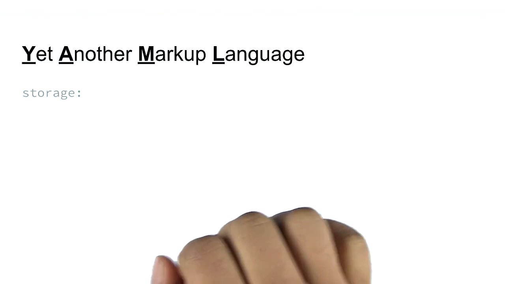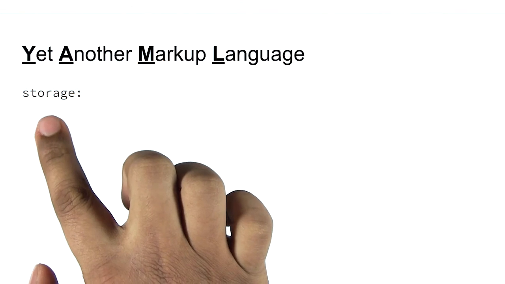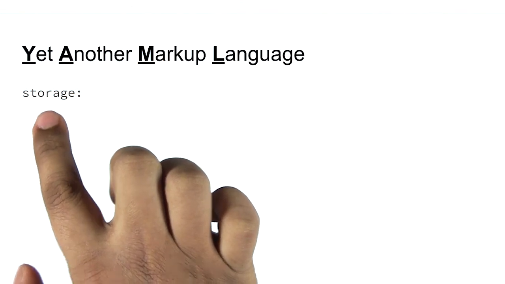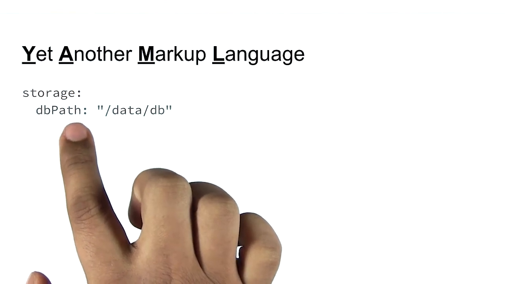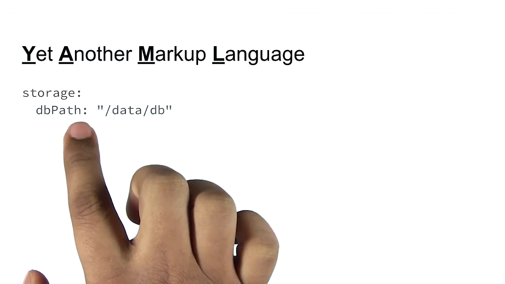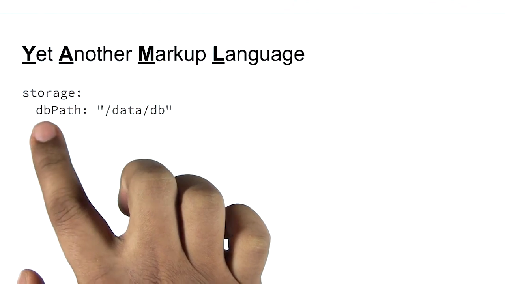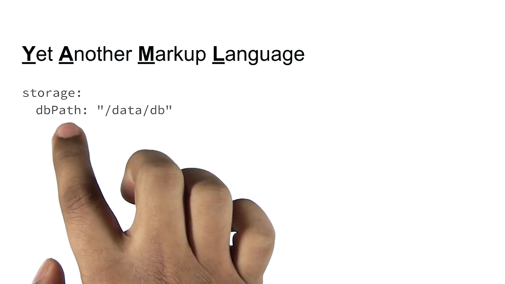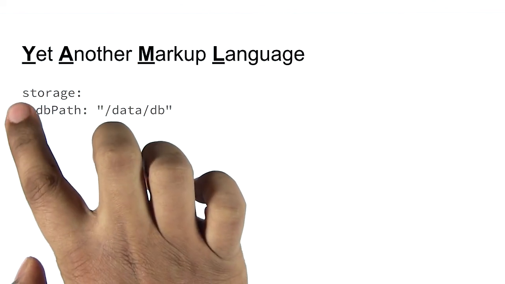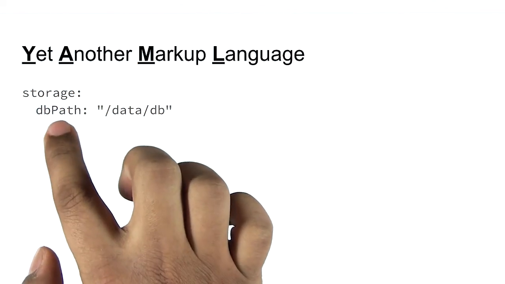You have your key value pairs. The top level key in a MongoDB configuration file represents a logical grouping of options. Each nested element under a top-level key represents an option related to that top-level key. So here we see that dbpath is a storage option. Remember previously this was listed as storage.dbpath.